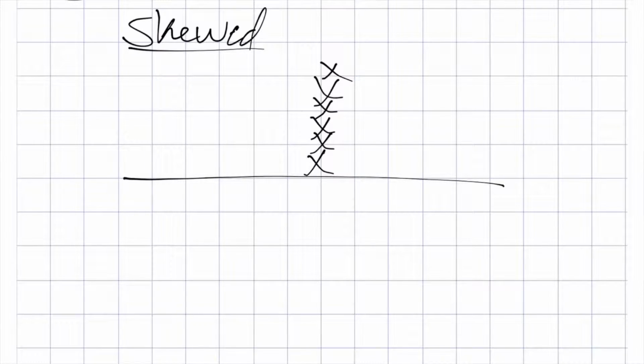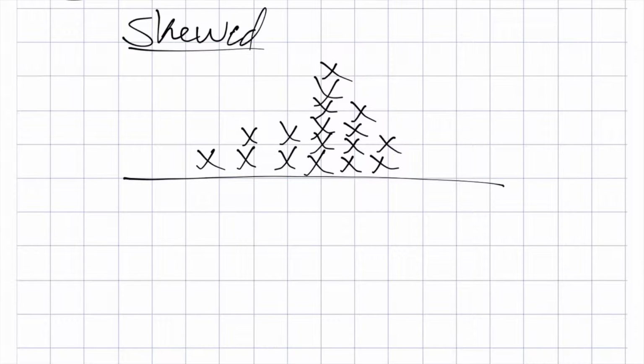Okay, so let's say we have our number line here. And let's say we have most of our data coming up this way. Couple here, here. Okay, you get the idea.